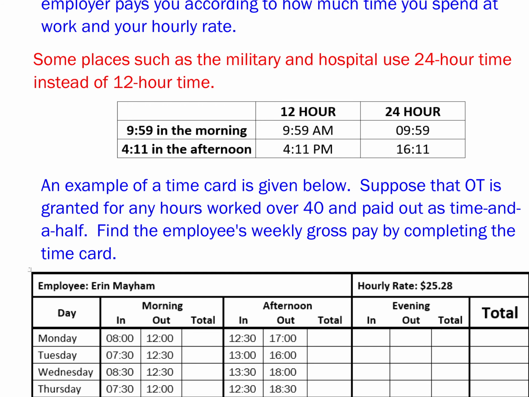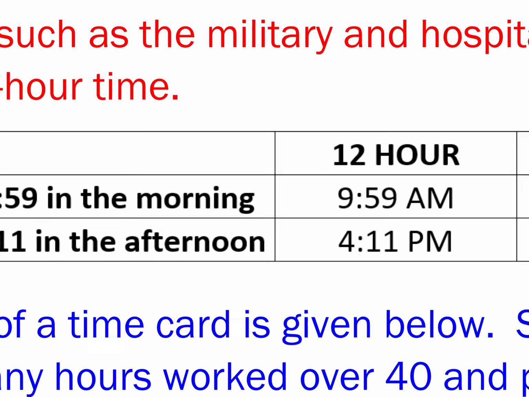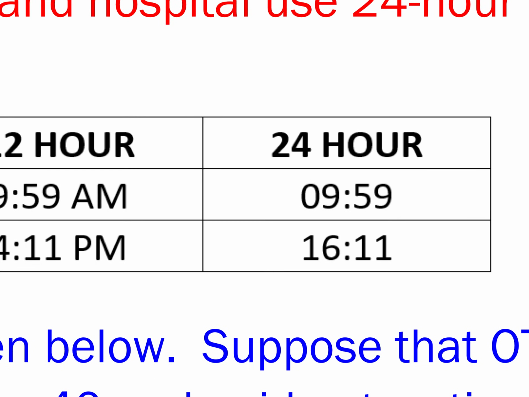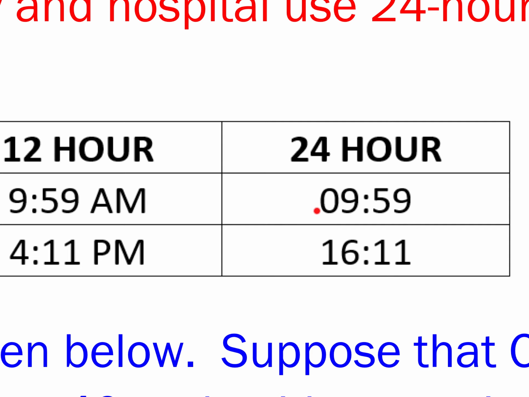For example, in 12-hour time, 9:59 in the morning would be 9:59 a.m. And in 24-hour time, it would also be 9:59.